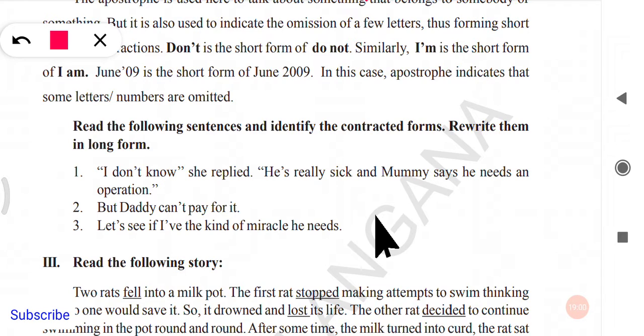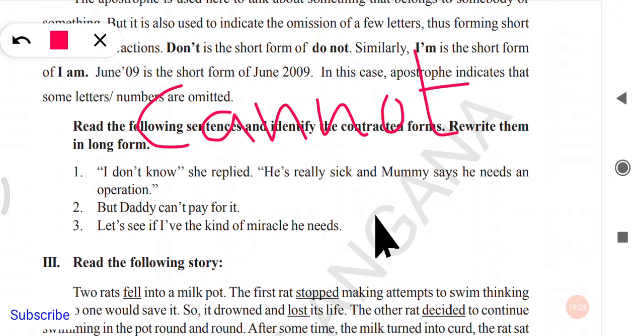So that is he is. Okay, he is, we can write it in the short form like that. Next: he's really sick and mommy says he needs an operation, but daddy can't. What is the full form of can't? Very good, cannot.